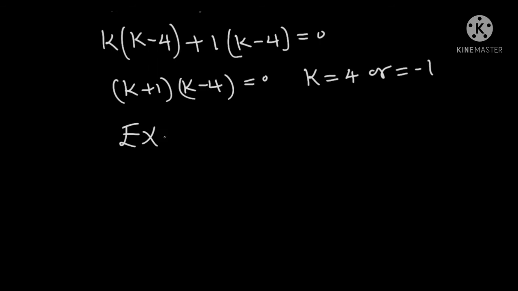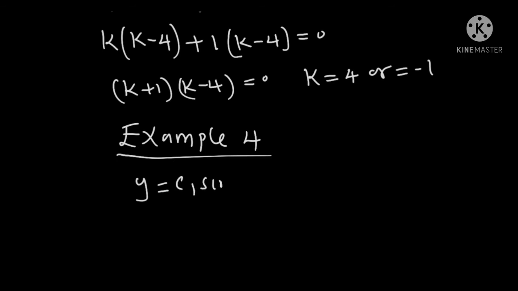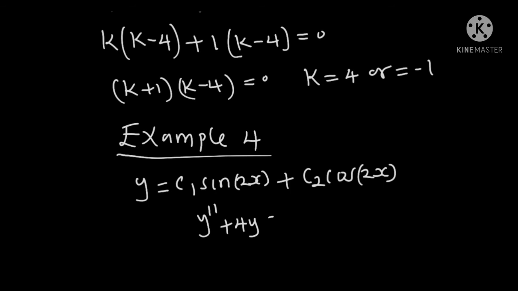Example 4. Show that y given by c1 sine 2x plus c2 cos 2x is a general solution to the differential equation given by y double prime plus 4y equals 0.